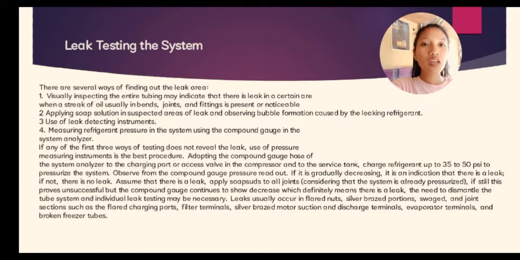If any of the first three ways of testing does not reveal the leak, use of a pressure measuring instrument is the best procedure.